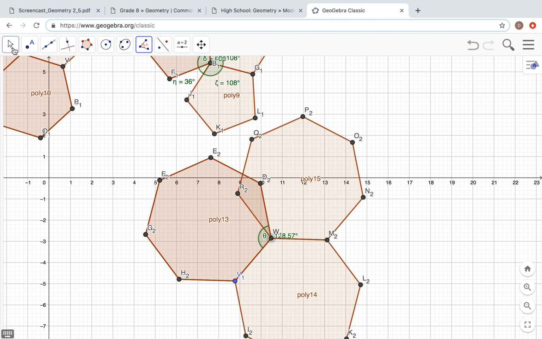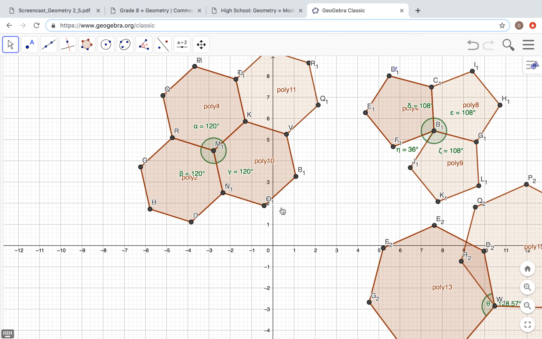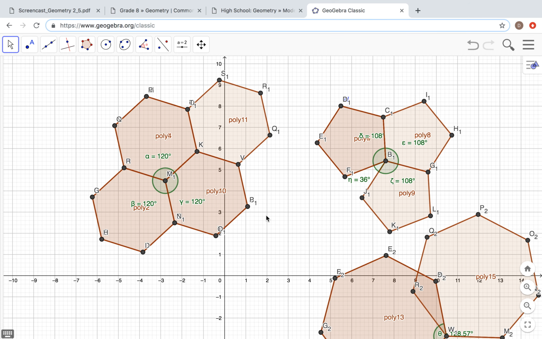So, as I've stated before, the best polygons to use as tessellations would be polygons in which the measure of the interior angle is a good factor of 360 degrees.